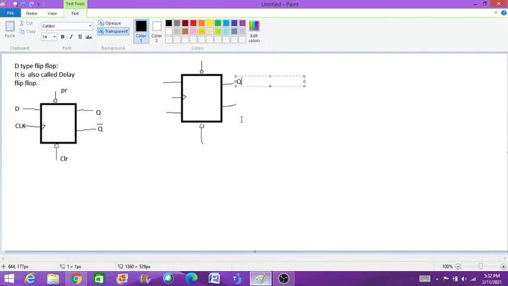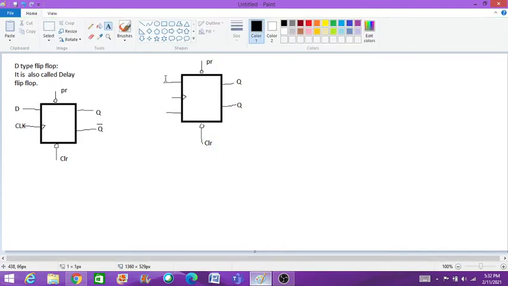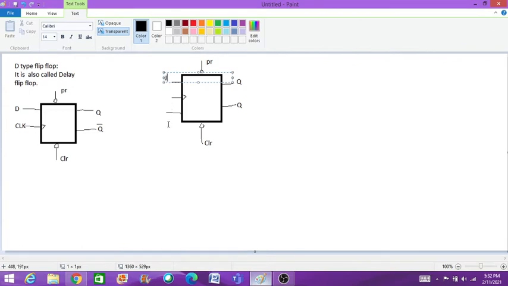So here it is Q, Q bar, clear and preset, and this is your J and K, and here it is clock.